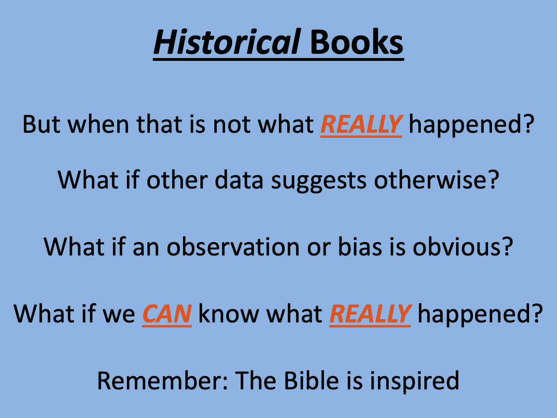As we have seen, the past is almost impossible at times to reclaim, to see what really happened. And yet, what about those circumstances where we can have a fairly good idea of what really happened, and yet what really happened is slightly different from what is recorded in the pages of Scripture? Other historical data suggests that there's a different perspective.